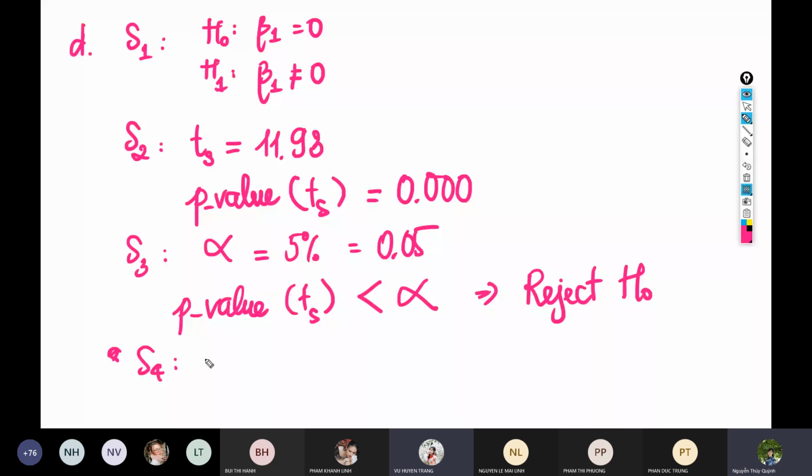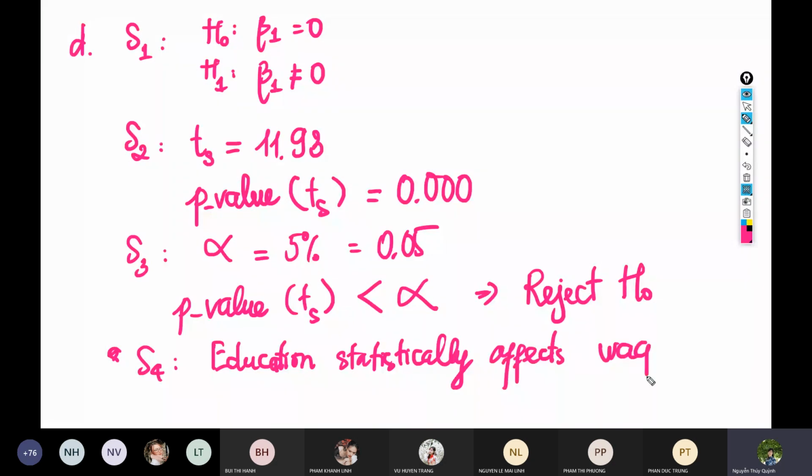So, the coefficient on education is statistically different from 0, or we can say that education has a statistically significant effect on wage at the 5% level of significance. Yeah, that is for question D.